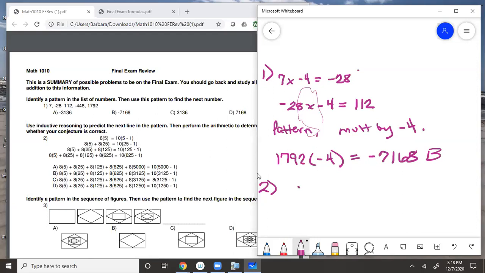And so the pattern is with this last sentence, 825, and we're looking for what the next line is, right? I'm seeing 8 times 5,000.